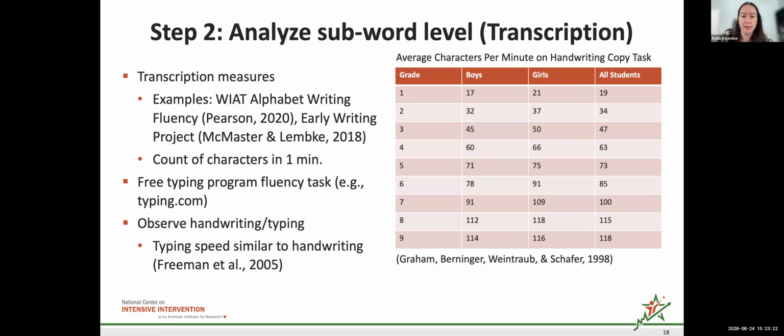So these are correct characters per minute on a copy task. And the rule of thumb for typing is that your typing speed should really be similar to your handwriting speed throughout development. So that's what we're using right now for making a lot of these decisions on handwriting pieces and typing pieces. But we'll talk a little bit more about this in the instructional component.